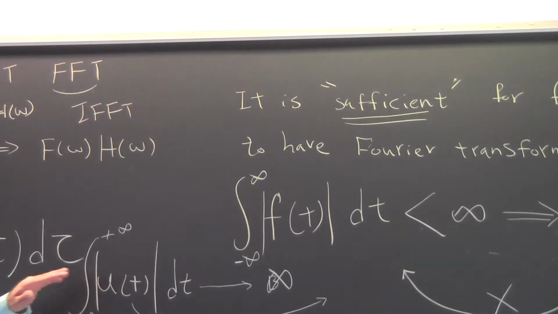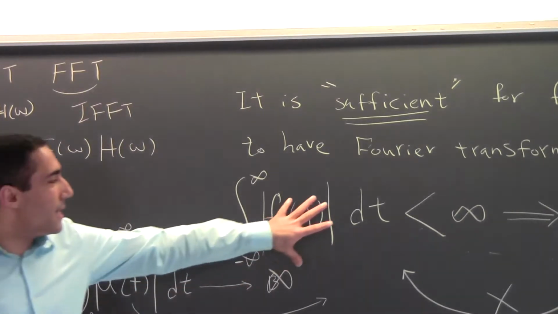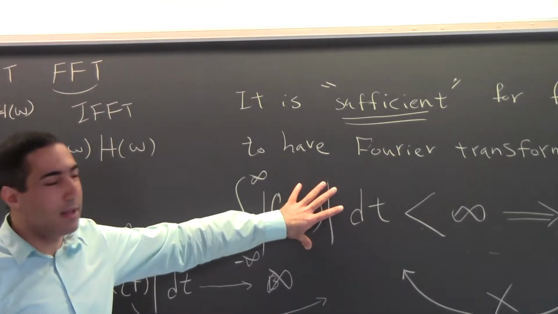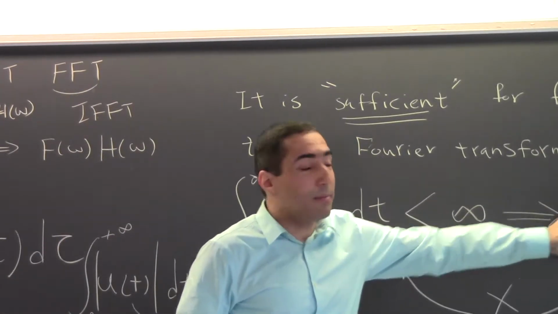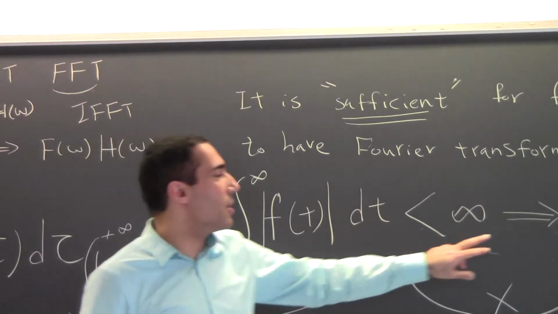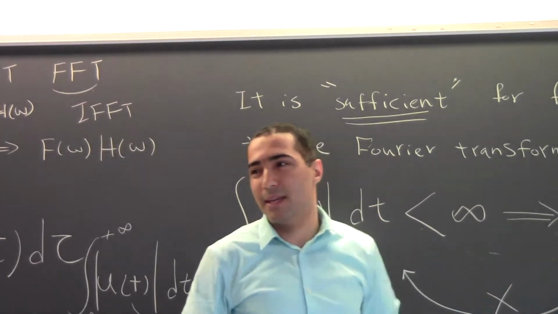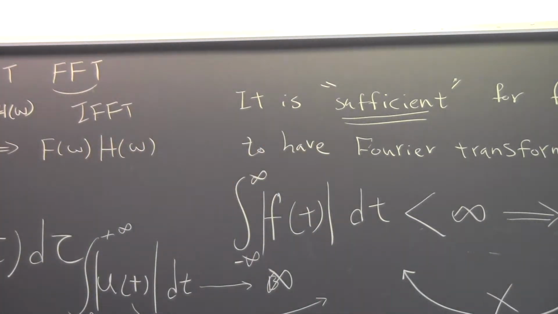If the condition is not satisfied, it doesn't mean the Fourier transform does not exist. If it's satisfied, it absolutely exists. If this is satisfied, this exists. But if this is not satisfied, you cannot conclude that it doesn't exist.